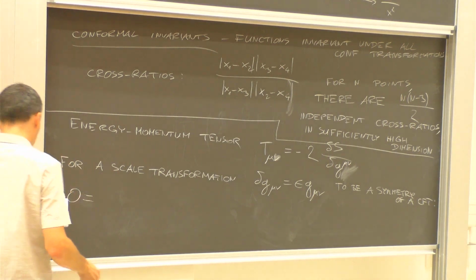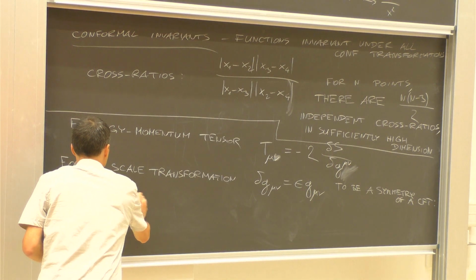This would mean that the variation of the action should be equal to 0.